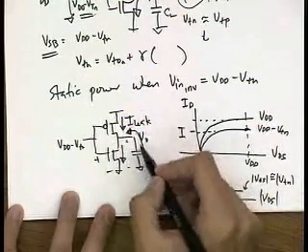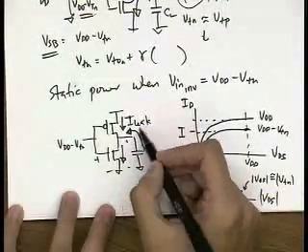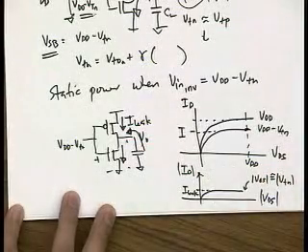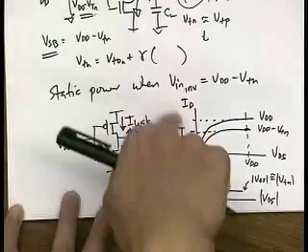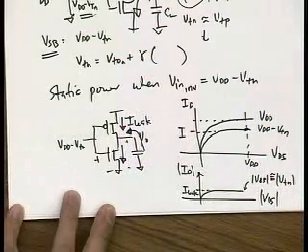So the current left for discharging this cap is just this current minus this current. So you actually get hit twice. Okay, you slow down because you have less overdrive for the NMOS, and then that has to sink the PMOS leakage current as well. Okay, so that makes this very slow.